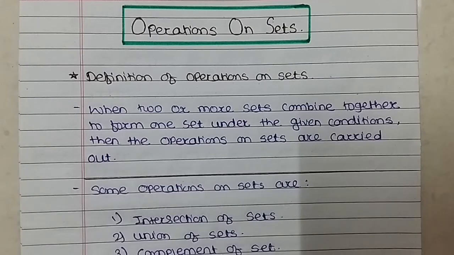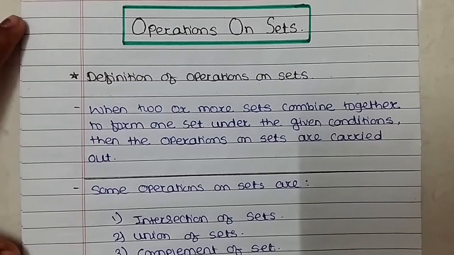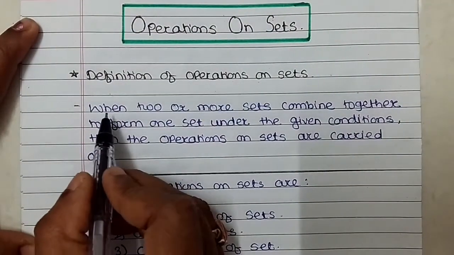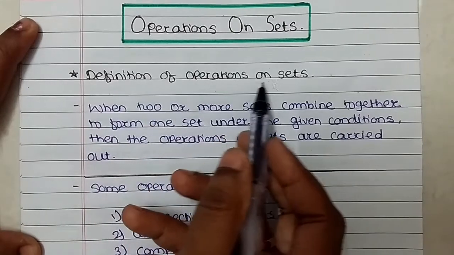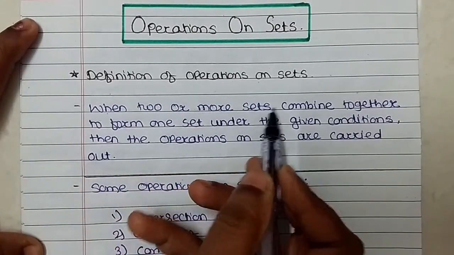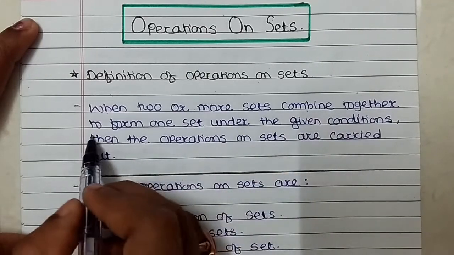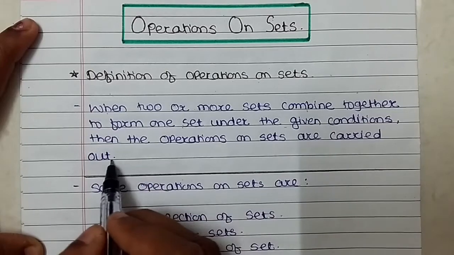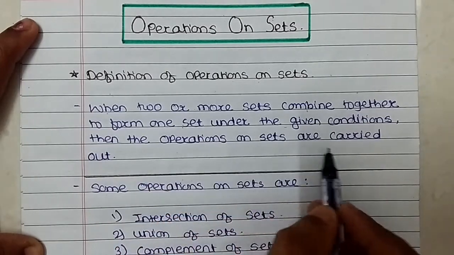First of all, what is meant by operations on sets? We will understand this with the definition. When two or more sets are combined together to form one set under the given conditions, then operations on sets are carried out.